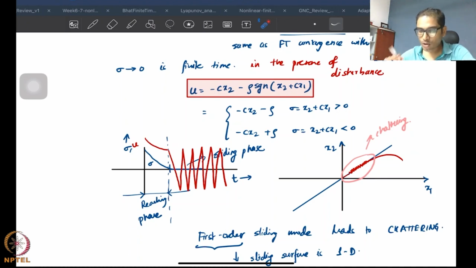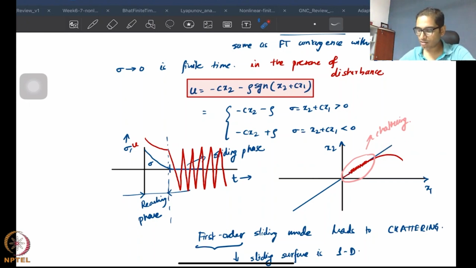On one side of it you have the control to be minus c x2 minus rho, and on the other side of it you have the control to be minus c x2 plus rho. Notice that this x2 may not change too much if you just move across the sliding surface, right?